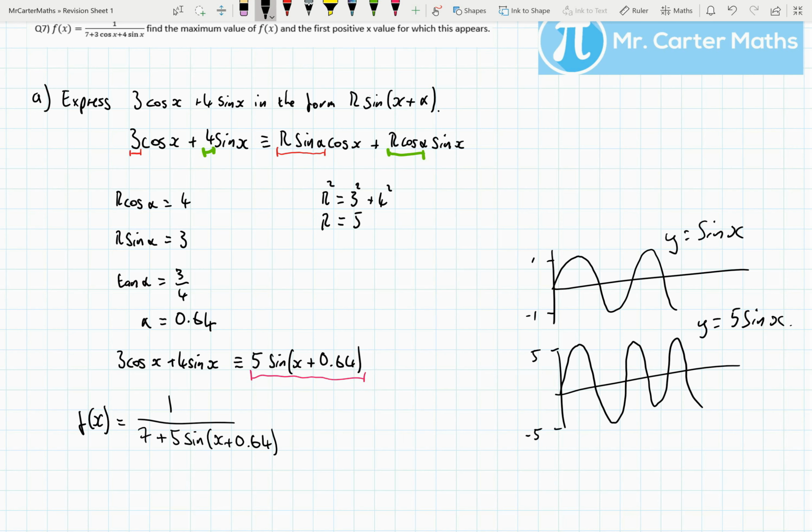So that part of trig I've labelled red, I know it must have a value between 5 and minus 5. So now I'm thinking about the bigger impact that has on this function.